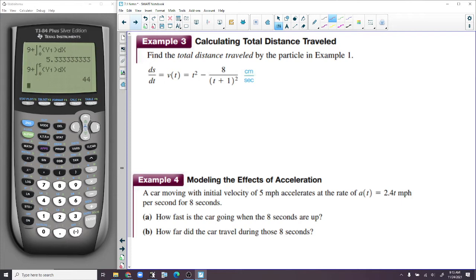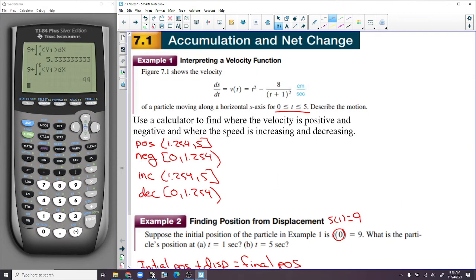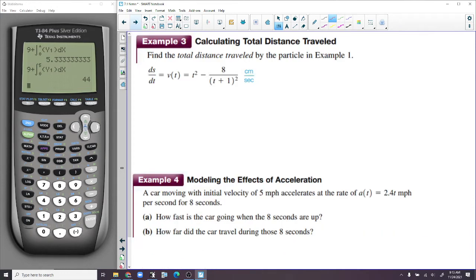All right, total distance now, the area under velocity is the total distance. So if we're going to do this by hand, and we're not going to, but I'll set it up, 1.254. So we'd have to integrate from 0 to 1.254 of v of t and take the absolute value, plus the absolute value of the integral from 1.254 to 5 of v of t dt, like that.